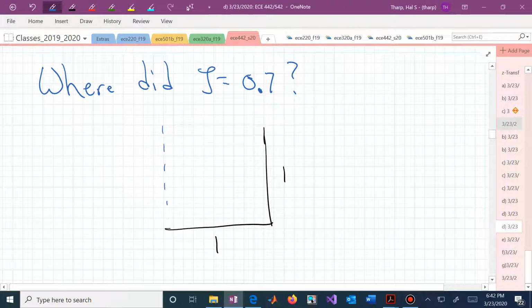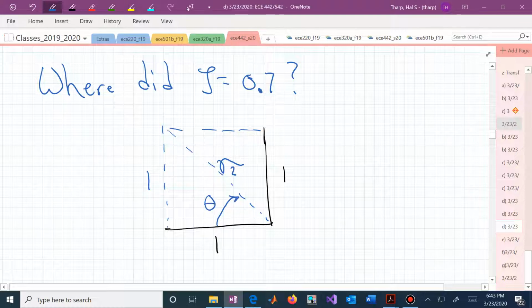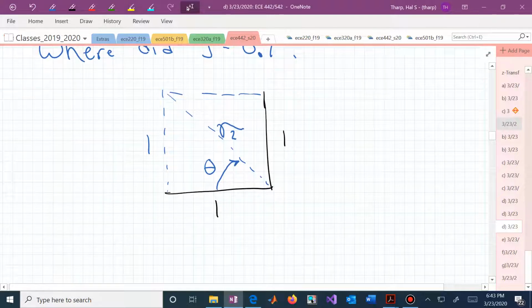Now we know that if this is a box, and the diagonal of that box is the hypotenuse of this right triangle, this hypotenuse is the square root of 1 squared plus 1 squared, or the square root of 2. This angle, theta, is 45 degrees.